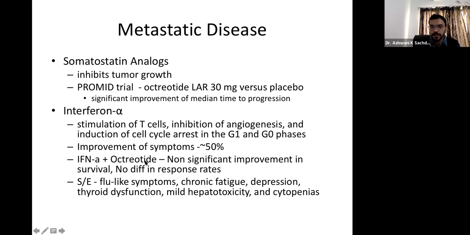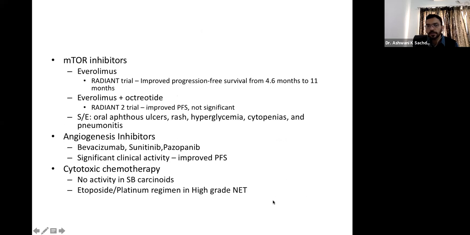Interferon plus octreotide is not associated with any significant improvement in survival. Side effects of interferon are flu-like symptoms, fatigue, depression, thyroid dysfunction, mild hepatotoxicity, and cytopenia.